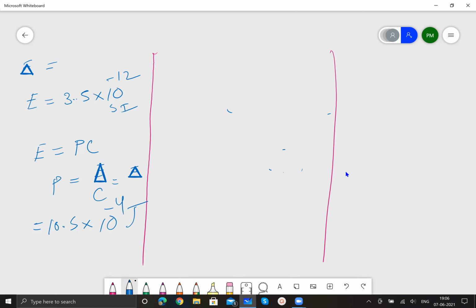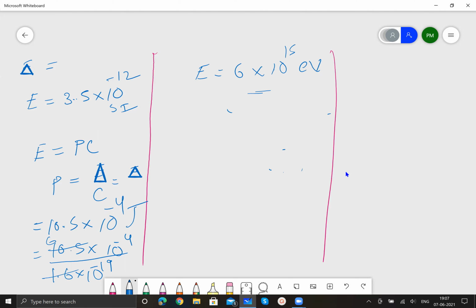Divided by 1.6 into 10 to the power of minus 19. 10.5 into 10 to the power of minus 4 by 1.6 into 10 to the power of minus 19. So nearly 6, let us put approximation. So the energy is 6 into 10 to the power of 15 electron volts. Simple.